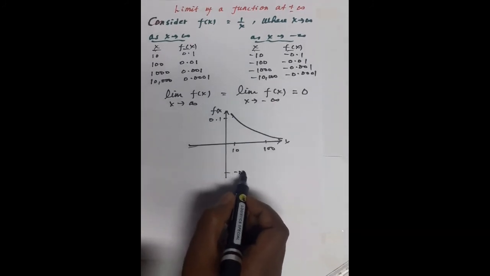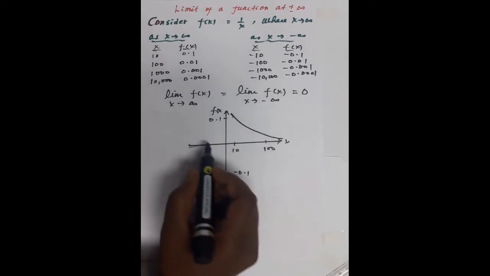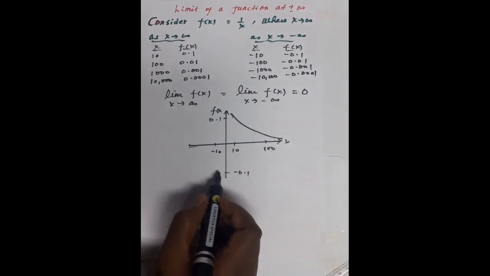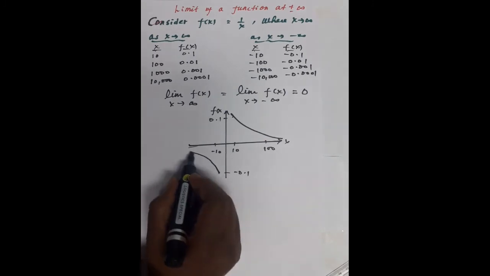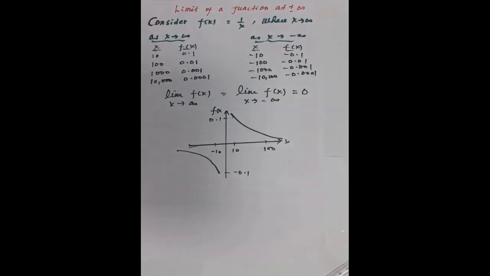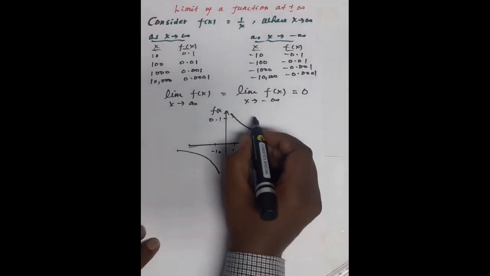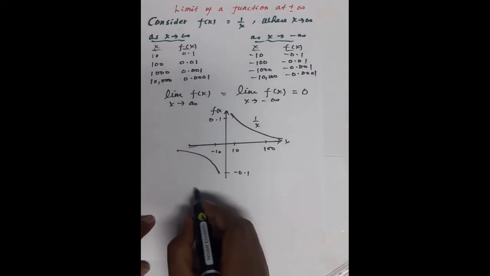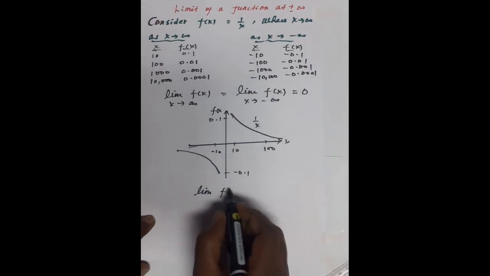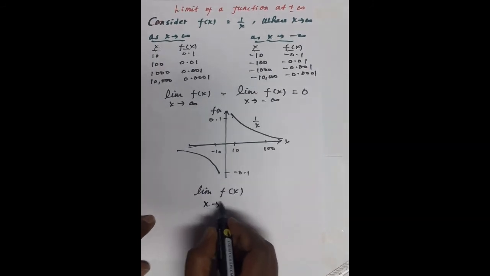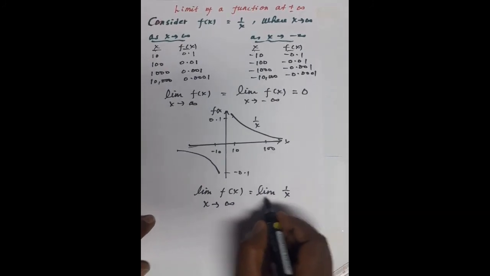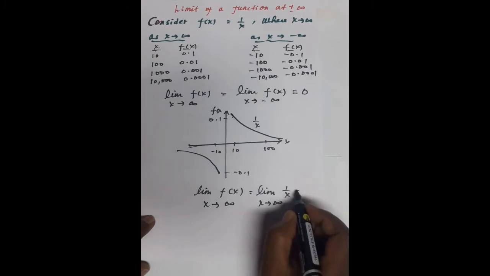For example, minus 0.1 at negative 10, and so on. So f of x is equal to 1 over x, its graph looks like this. So we can conclude that the limit of the function 1 over x as x approaches infinity is 0.